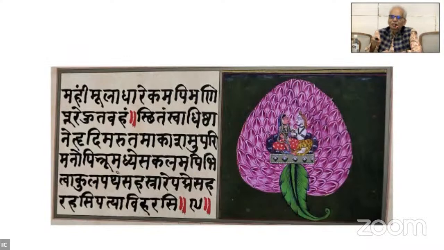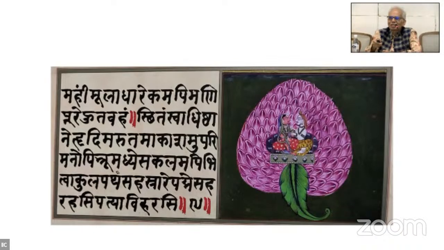Yes, this is the 9th stanza, and the whole schema has been changed as per the tantric motives. And Mahimula Dhare Kimapi, I remember Kimapi or maybe Kamapi. Mahimula Dhare Kimapi Manipure Hutavaham. So the Muladhar Chakra, Manipur Chakra, Swadhishthan Chakra, and this Agya Chakra, the 7 circles are described.